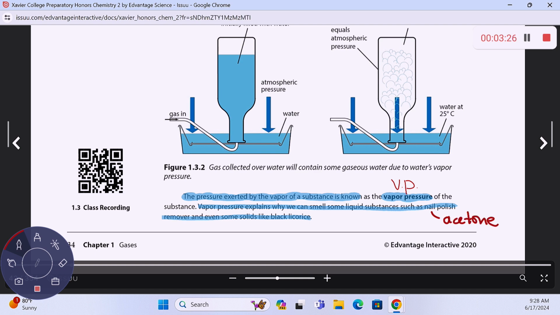It also explains why you can smell things like gasoline or rubbing alcohol right away, because those substances go into the gas phase immediately. And then it also explains why you can smell things like black licorice right away, okay? Let's go to the next page.